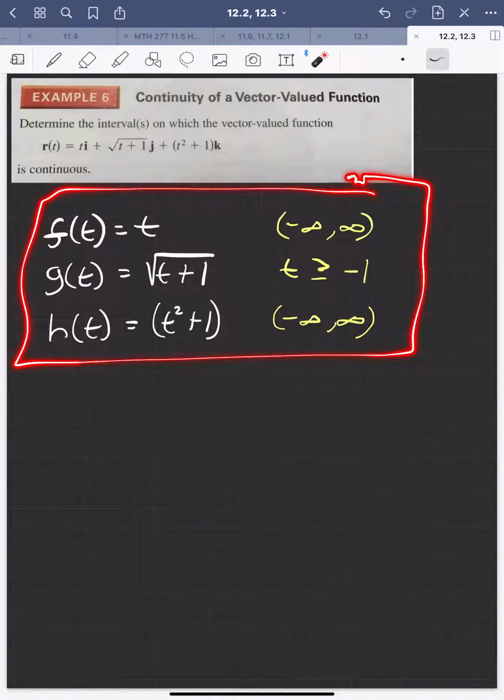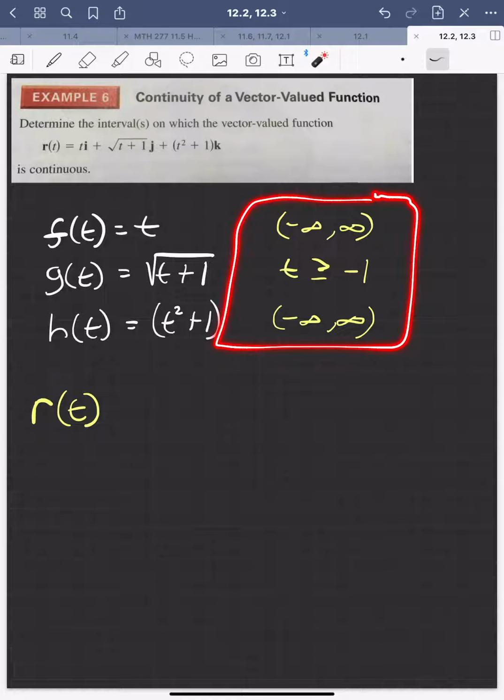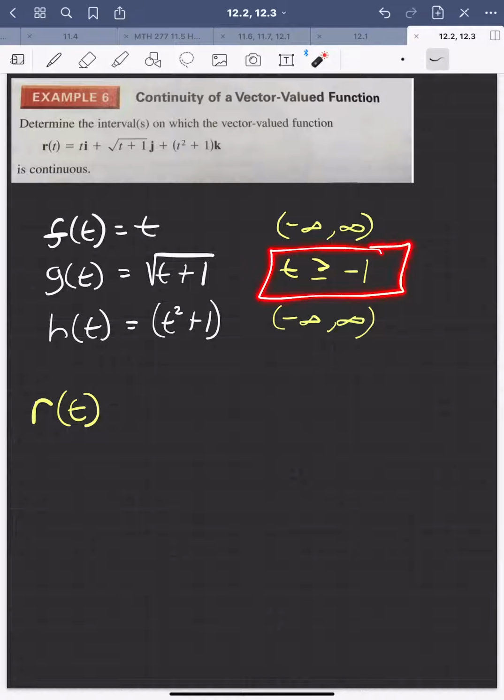Let's now remember what I said earlier, that the domain of your function r of t is always the intersection of those components. So in this case, we can simply go with t has to be greater than or equal to negative 1.